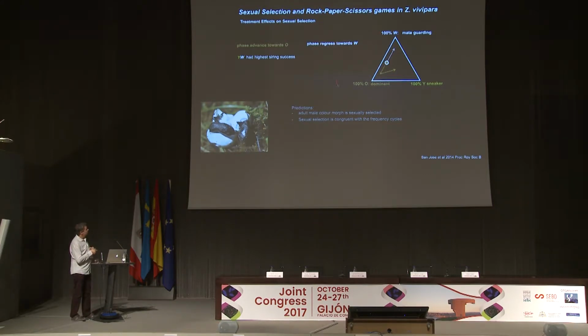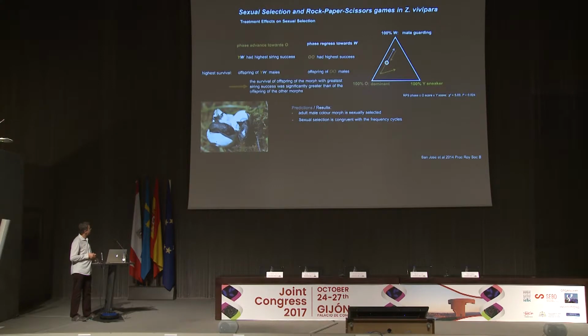In phase regress towards white, what you do not see in nature, but we simulated to see what happens, we found that orange had the highest success, and that means the phase advance goes towards orange, counterclockwise again. And these results show, first, that adult male polymorph is indeed sexually selected, second, that sexual selection is congruent with the frequency cycles.